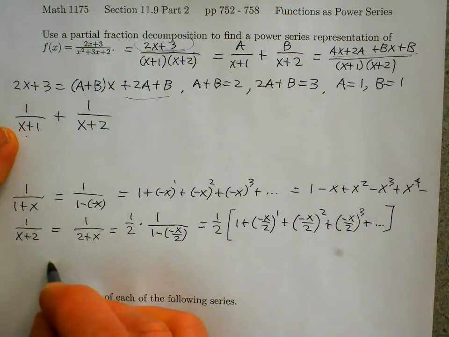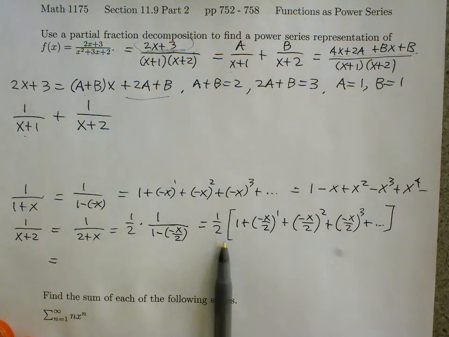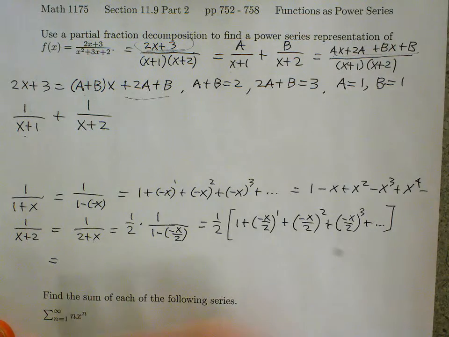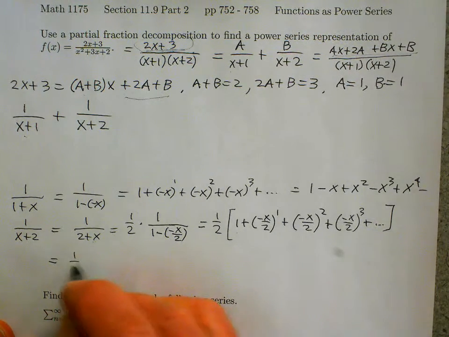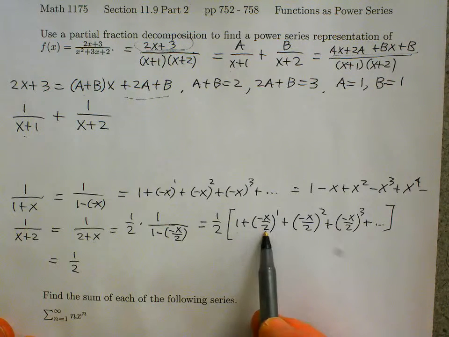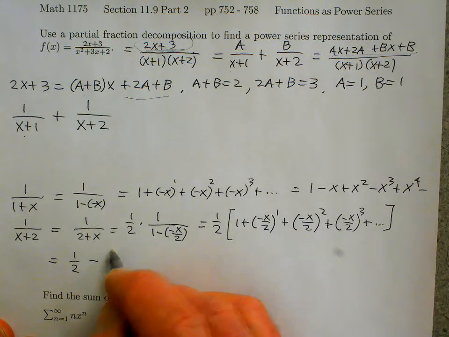Okay, so we can do a couple of things at once. We can distribute multiplication by 1/2 and also change those to the alternating series. So 1/2 times 1 is 1/2. And inside the brackets, this is minus x over 2. So multiply that by 1/2, you get minus x over 4.